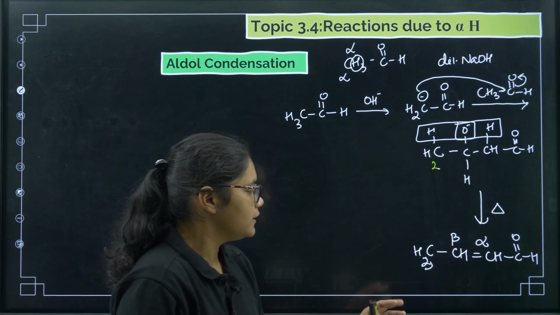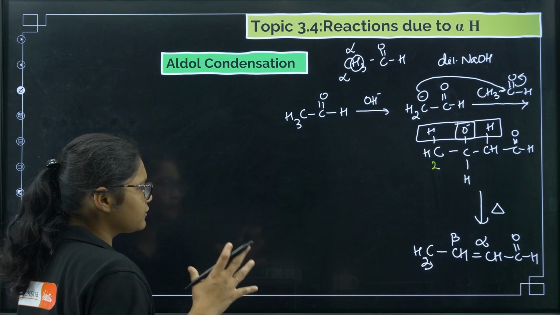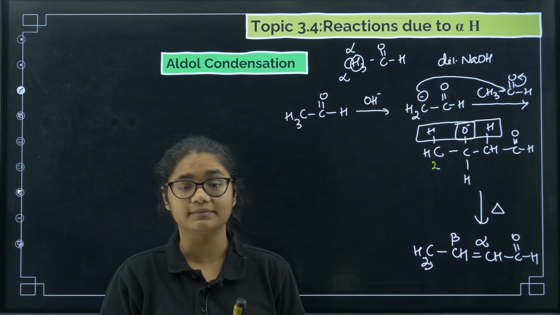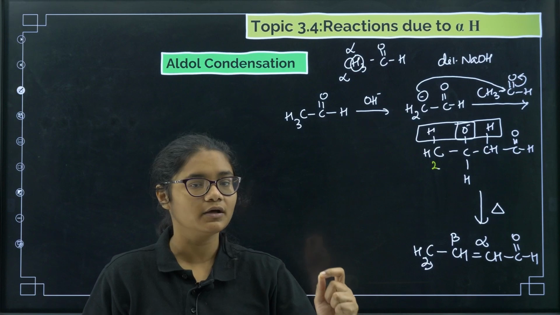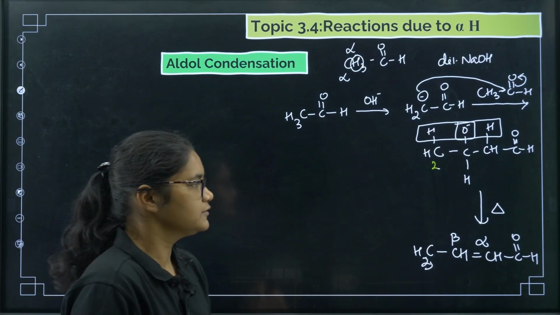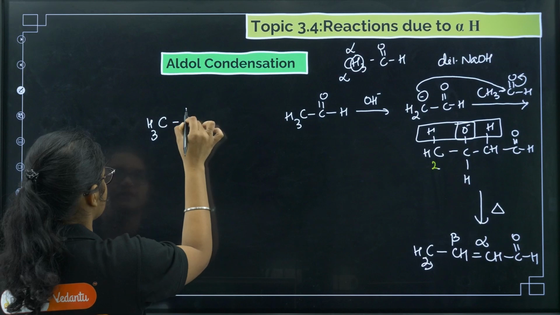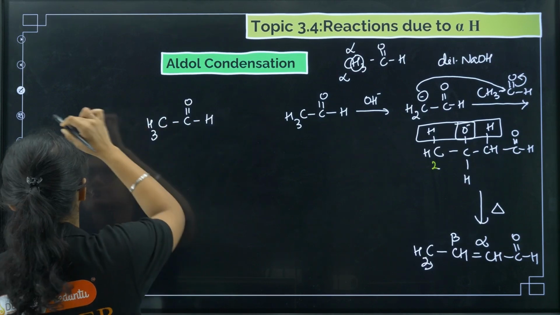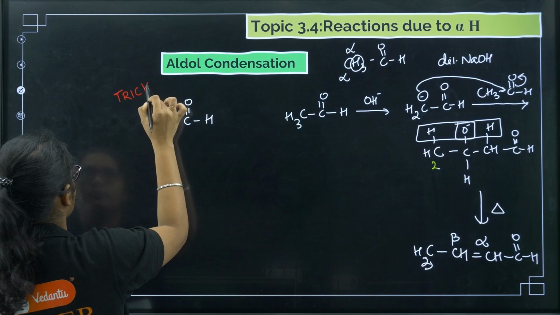Now coming to the next one, how to do it, ma'am, do we have to do this mechanism every time we see the question? So here is a trick to get the products very easily. Suppose I am having this one, CH3COH. This is the trick to write the products.